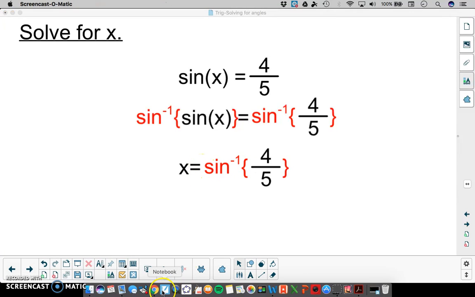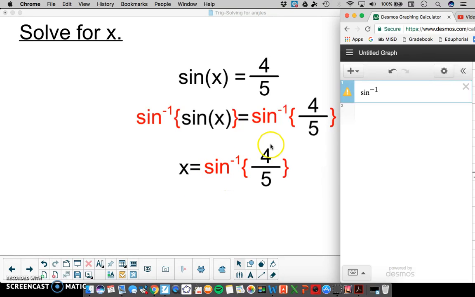So now I can plug that into my calculator: sine to the -1, which is inverse sine of 4 divided by 5, and we get 53.13 degrees. So that is the approximate measure of the angle that we're taking that sine function of to get a ratio of 4/5.